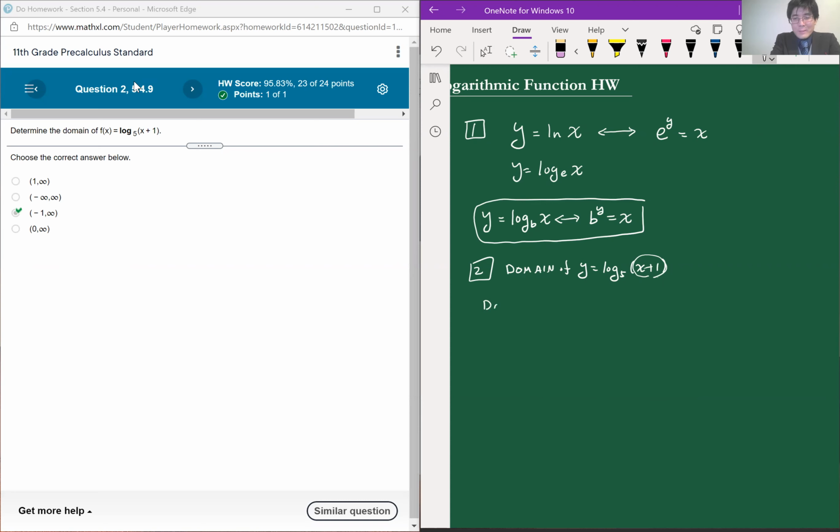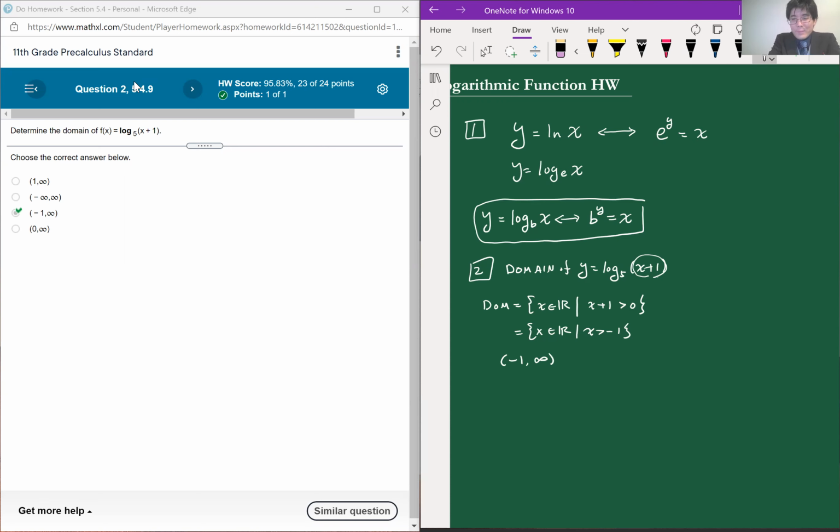So the domain is all the real numbers such that the inside of the log function must be positive. So this is the same thing as all numbers greater than -1. So it's going to be all real numbers satisfying this inequality. In interval notation, this is the same thing as -1 through infinity.